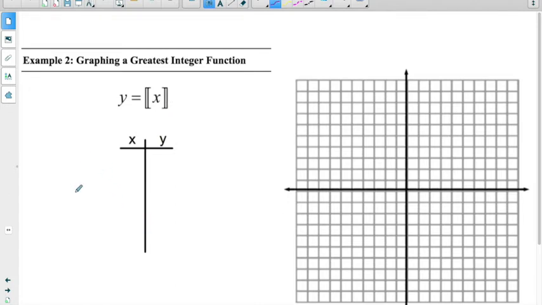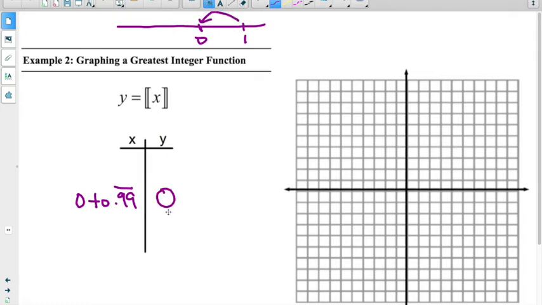Think about starting at 0. Anytime we start at 0, that's typically helpful with graphs. Anything from 0 all the way up to 0.99999 repeating, for as long as we're in between these two values, the greatest integer function is going to spit out 0 for us.